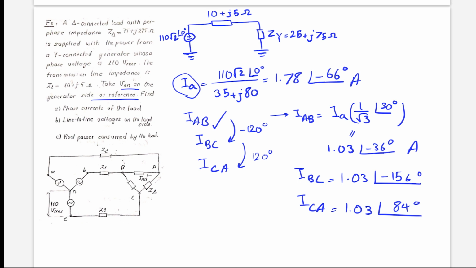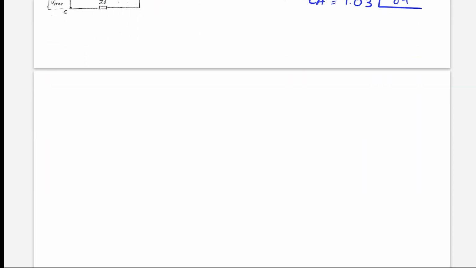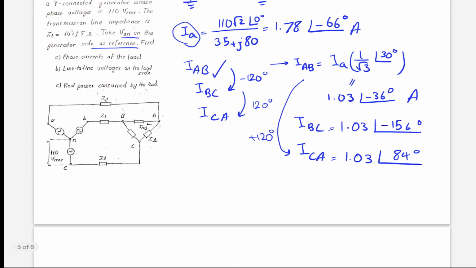You can add 120 to this one to get 84 degrees. Now we found the phase currents from part A. So part A is finished.